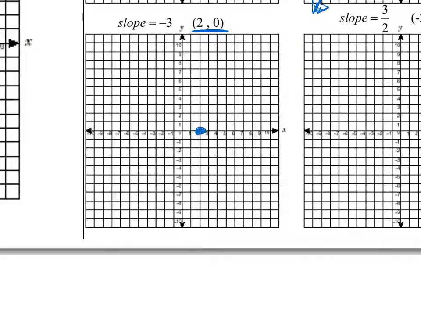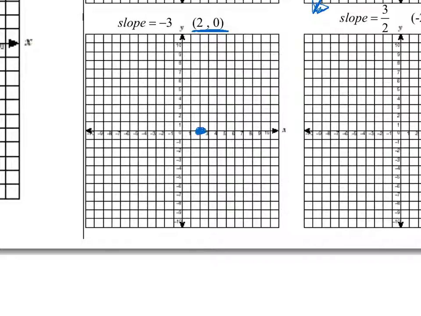Now, the slope gives us our directions. However, this slope only seems to be giving me one direction right now. It's only giving me a rise. That's kind of weird. Slope is rise over run. Slope only seems to be giving me negative 3 as the rise.